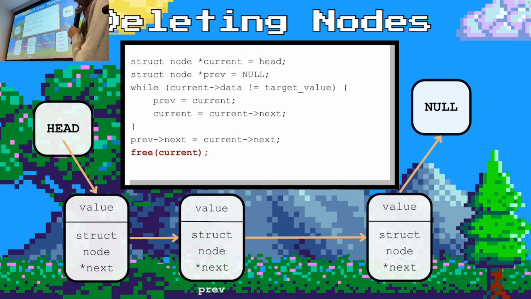The reason for that is that if we didn't have a previous node and we just freed current, then the list would get broken and we would lose access to the second half of the list. And as I said before, that's pretty problematic. So it's important to have a previous pointer when you're deleting nodes. Does anyone have any questions so far?